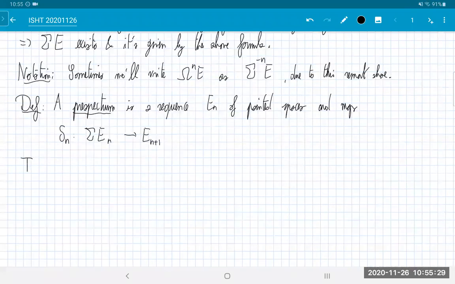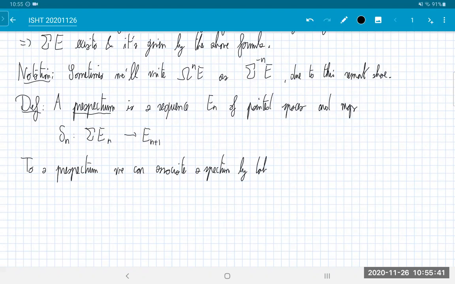To a pre-spectrum, we can associate a spectrum by taking the colimit, and call it E, it's the colimit. So you start with sigma infinity of E0, but then you map to sigma inverse.